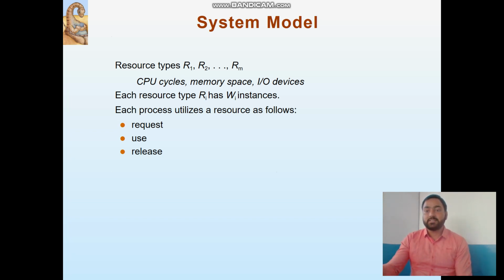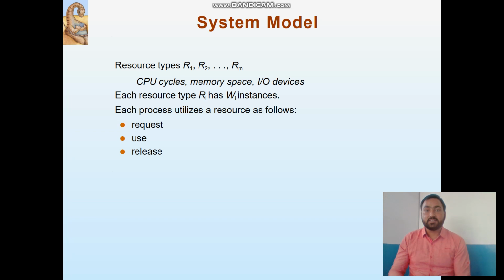So these are the instances of a particular resource that we have in the system. Now there is a particular scenario of accessing those resources by the different processes in the system, and it is a three-phase process. First, a process requests the resource when it needs it for completion of its execution.